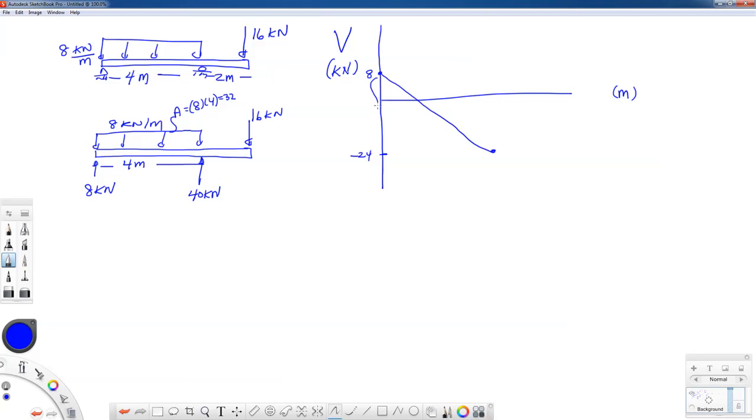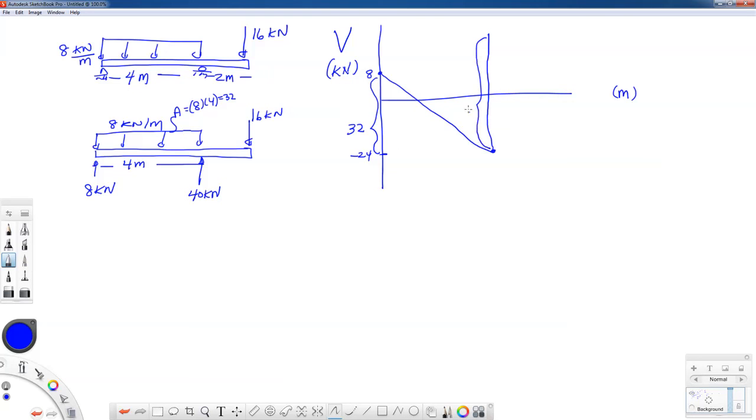Okay, so this total drop is 32. It goes by a straight sloping downward line because this is a constant distributed load directed downward. Once I hit the roller, I jump upward by 40 units. But I'm down here at minus 24.